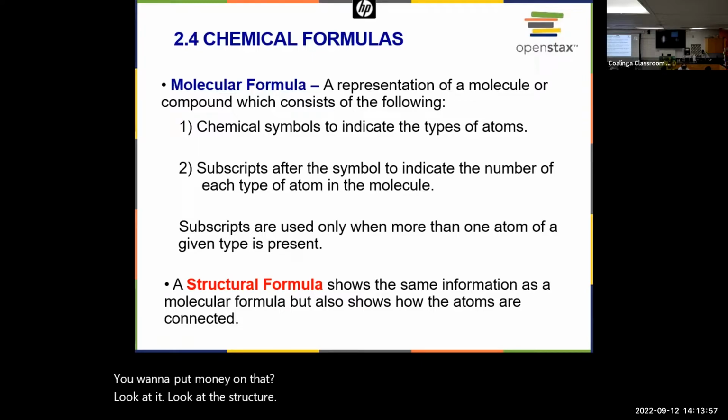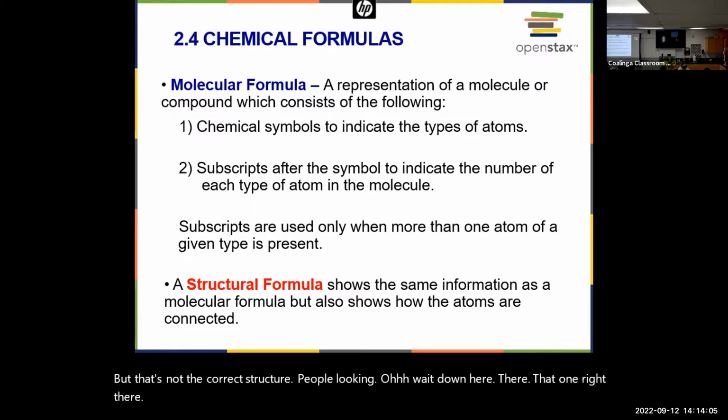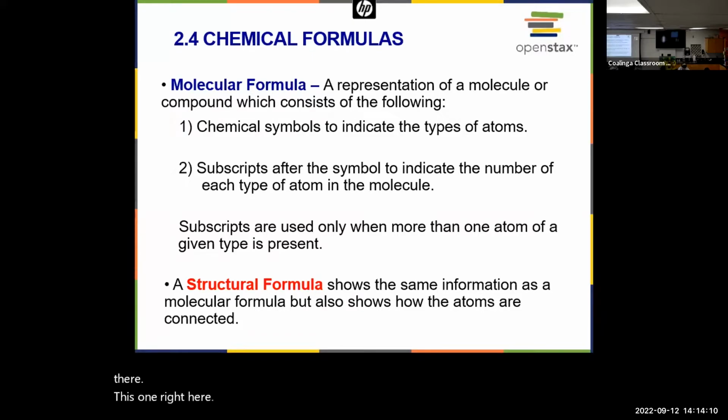Oh, but that's not the correct structure. Keep looking. Oh, wait, look down here. There, that one right there. No, not that one. Oh, that one right there. Perfect. There should be one that has both of them. So type fructose.